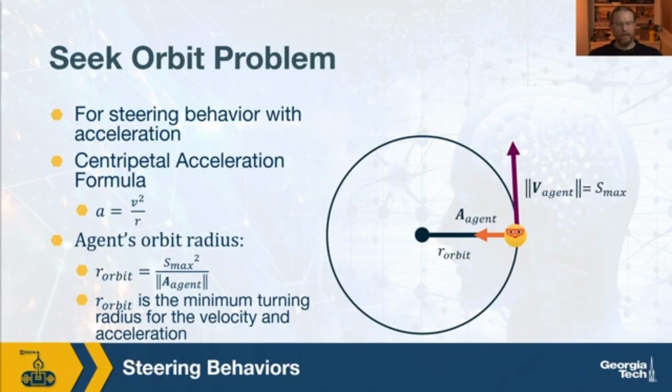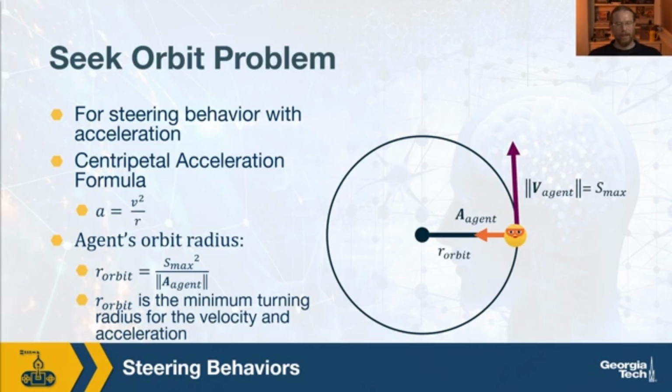And so if we shuffle the terms around, because what we really want to know is the radius at which we might encounter this orbiting, that's going to be the radius is equal to the velocity squared. Now, in this case, since we have a vector, this will actually be the magnitude of the vector squared, or the speed squared, over the acceleration magnitude.